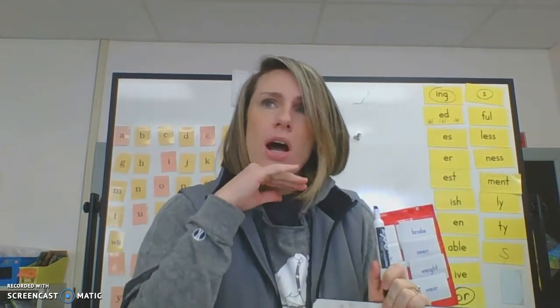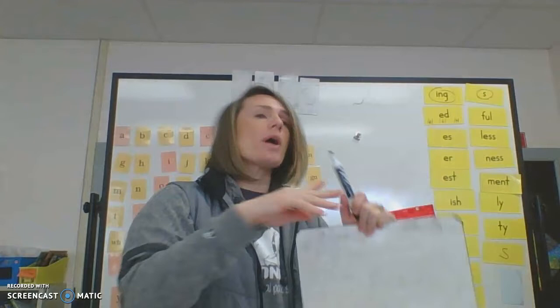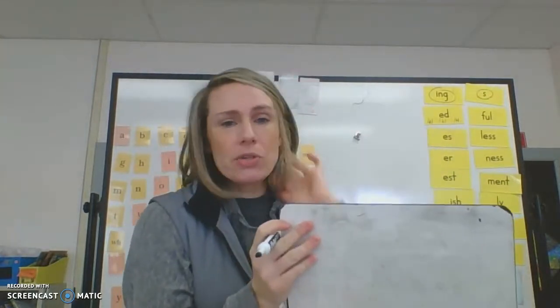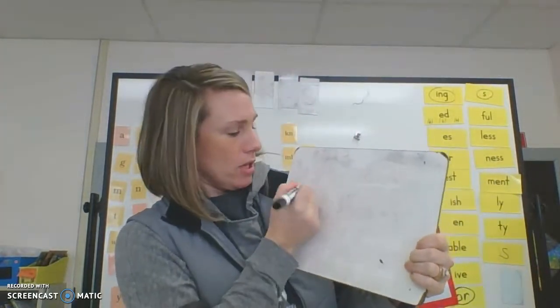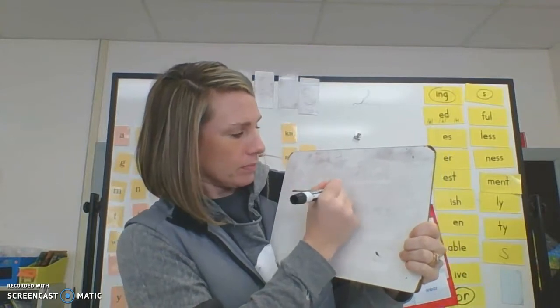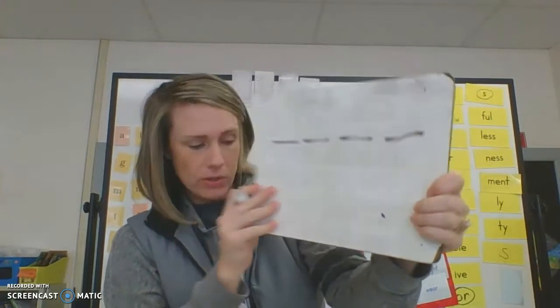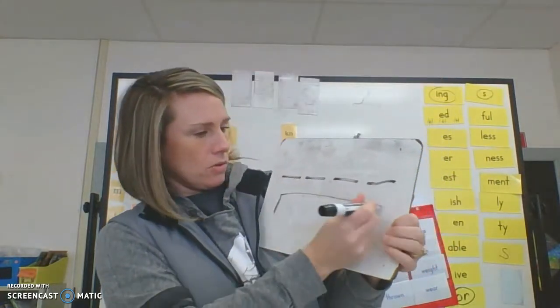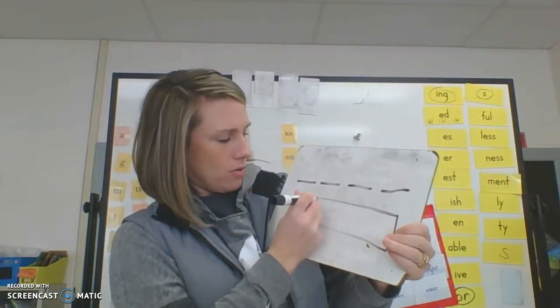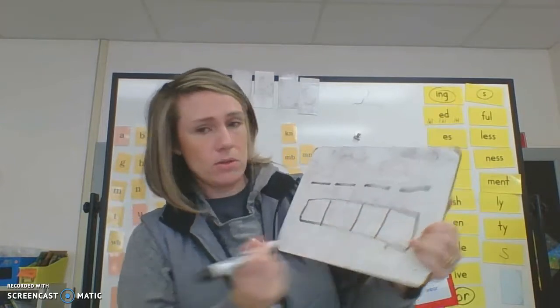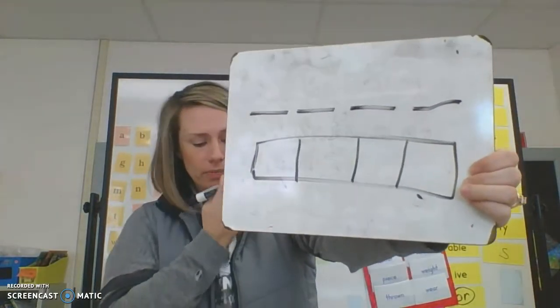So when you hear this word, actually, how many syllables do you hear? Four. And when you don't even know how to start to attack the word, you can start with syllables. So let's go ahead and do our 4 lines for each of the syllables. And some people like to do boxes. You can do sound boxes, you can do syllable boxes, you could do it either way, whichever one you like.